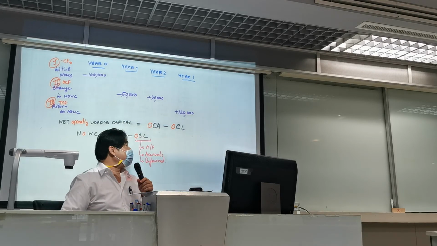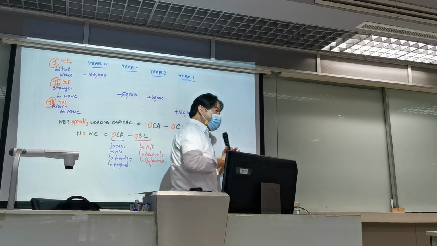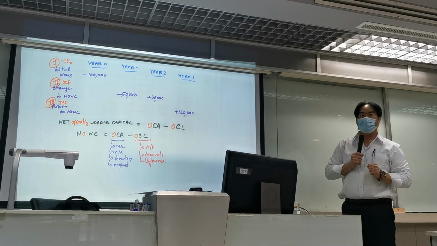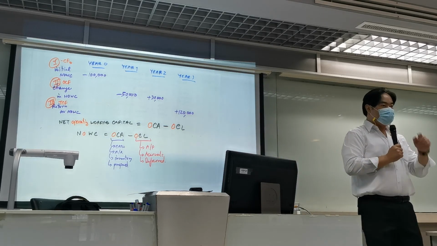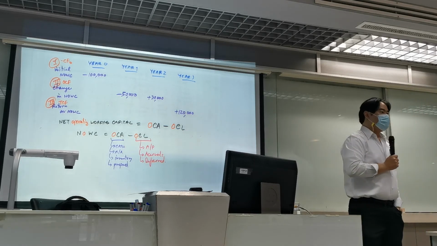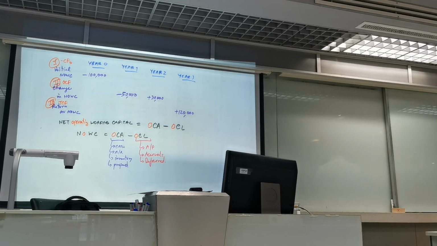So these are typical items in operating current assets and operating current liabilities that you subtract from each other to get net operating working capital. Then I am going to discuss operating cash flow, the second section of the cash flow, what you need to calculate for me.